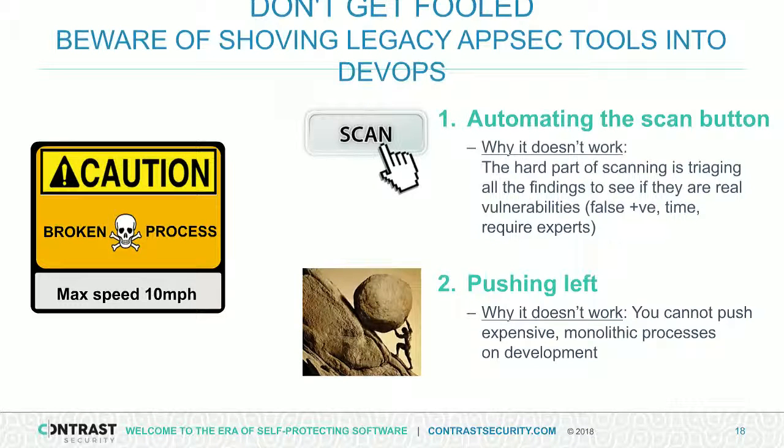So again, I mentioned that some of the application security tools that you've been using might not fit in today's modern application environment. We know that static and dynamic security tools can be inaccurate. So just keep in mind, when a vendor says that they've got an automated AppSec solution and all you have to do is click on the scan button, that's not true application security automation, right?